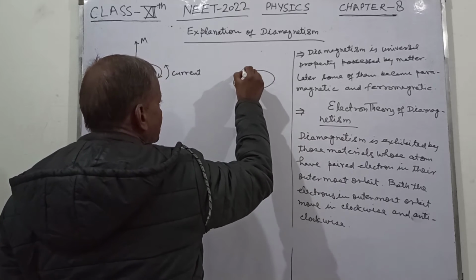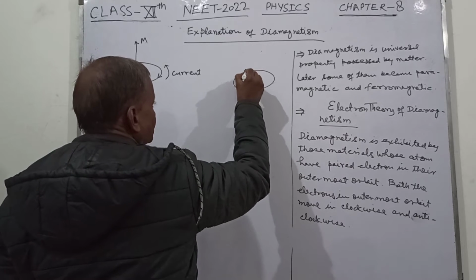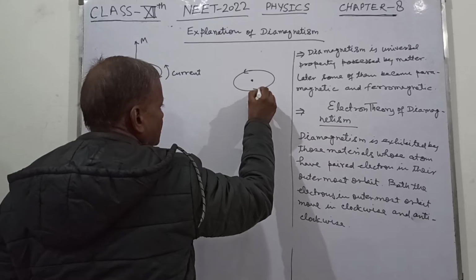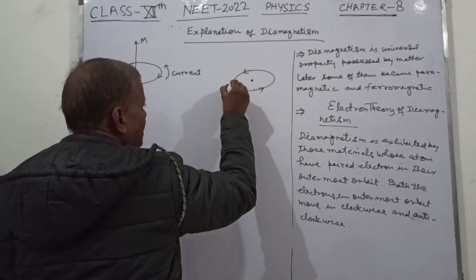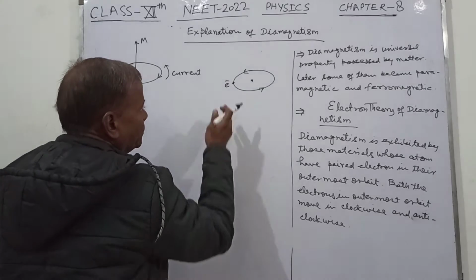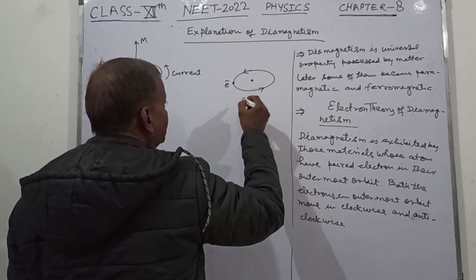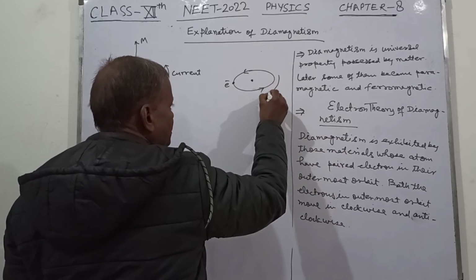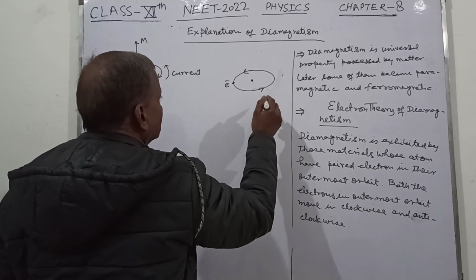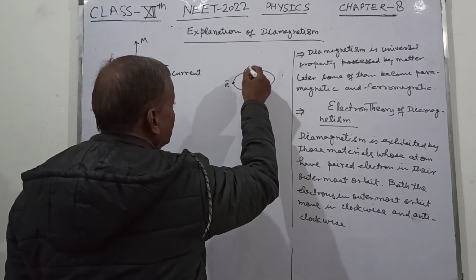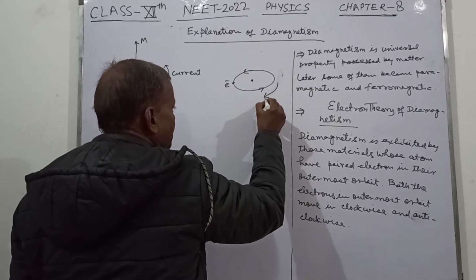Suppose we have another electron moving anti-clockwise like this. Then the current because of this will be in this direction. This is now clockwise current.